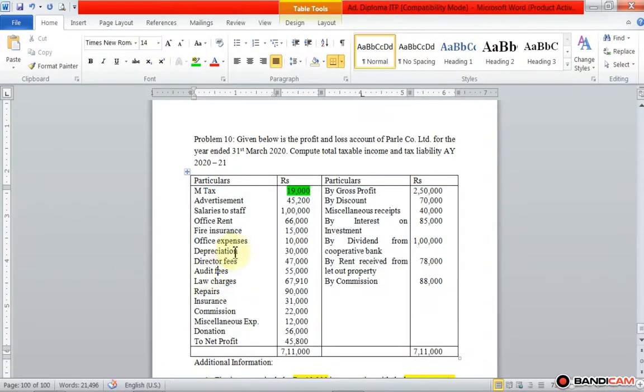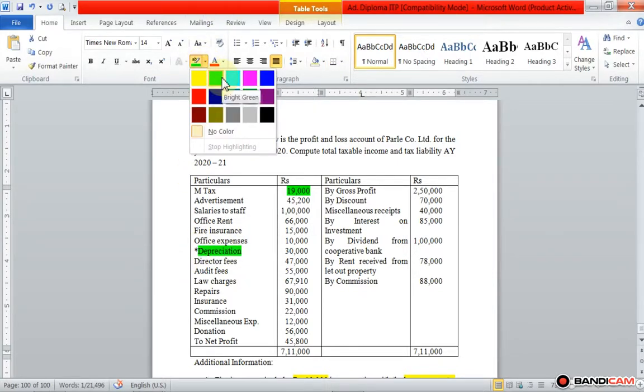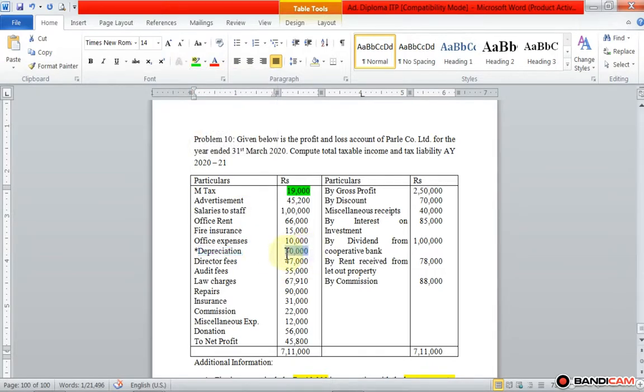Depreciation: additional information says allowable depreciation is rupees 15,000, but depreciation charged on the debit side of the profit and loss account is rupees 30,000. It means 15,000 is excess depreciation charged. Director fees of 47,000 are allowable.